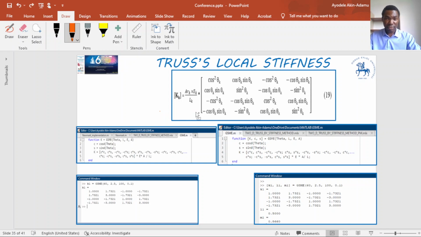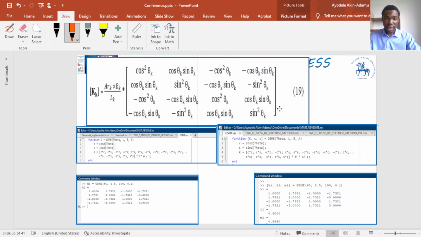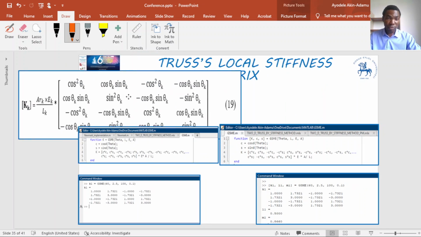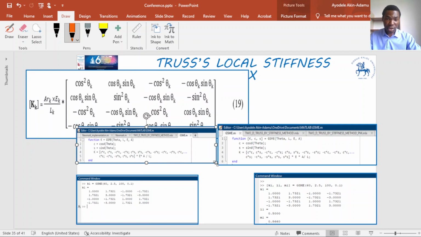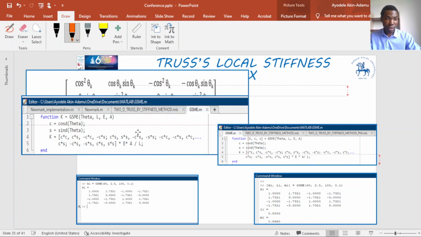This is also the same formula for the local stiffness matrix for a truss problem. To solve this problem on Matlab, I actually wrote a function that can compute the local stiffness matrix for a truss problem.